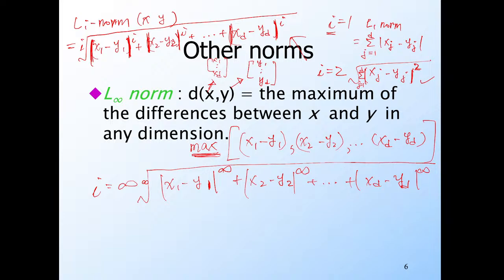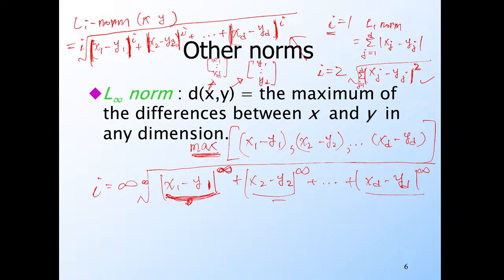So what's this? Let's look at it. We take something to the power of infinity. Let's assume that if the distance between x1 and y1 is the largest among all the xi subtract yi's, then when we take it to the infinity, this one would be much larger than the others, right?